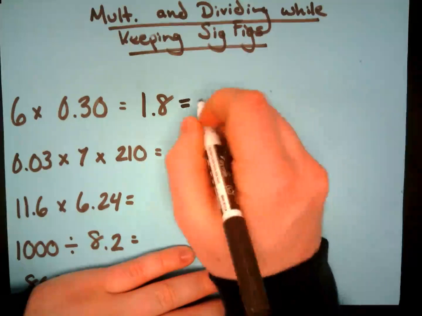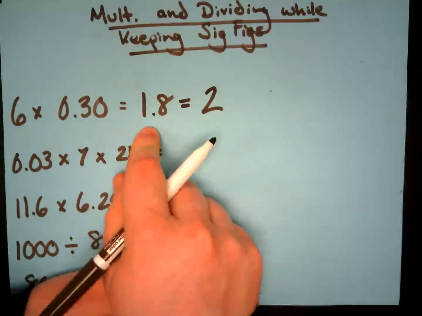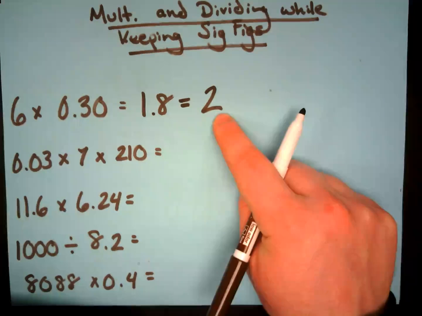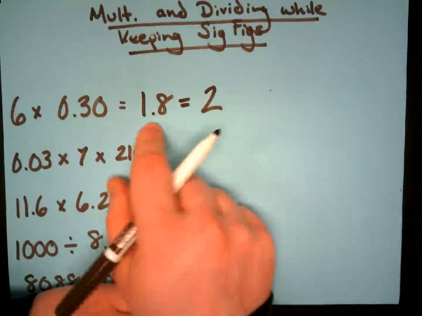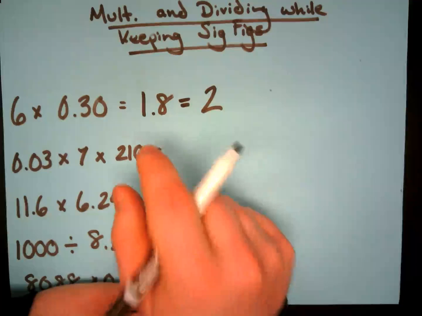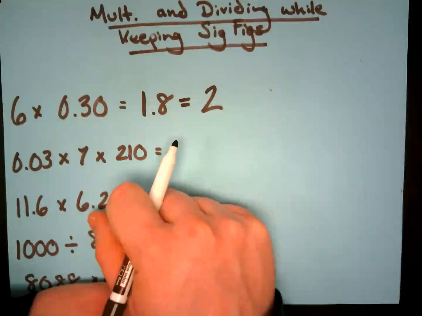My answer is actually going to be 2. Now, why is it 2? Well, 1.8, I need to round up in order to have just 1 sig fig, because in this case, it'd be silly to round down. We're so close to 2 that it doesn't make any sense. So we'd have to round up and then go to 2.